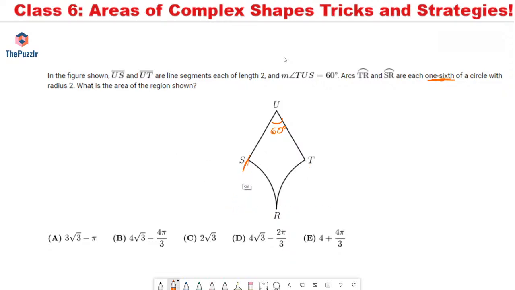As straight as I can try at least. Just bear with me for this diagram. And we have this triangle. When it says 1/6 of a circle, well, a total circle has 360 degrees. And we have 360 degrees times 1/6.